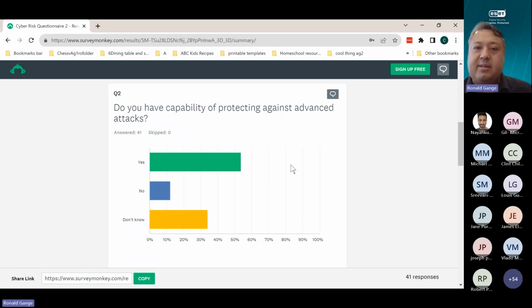But for companies that need to obtain cyber insurance, one of the big questions that is asked is, do you have endpoint detection and response to be able to respond to advanced threats? And with ESET Protect Elite, you're able to do this, and also with ESET MDR solutions.